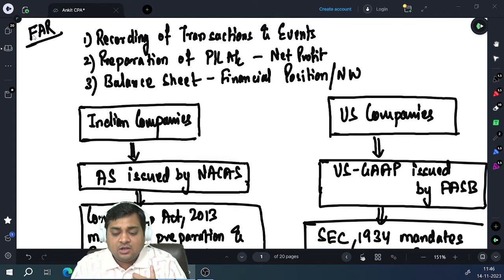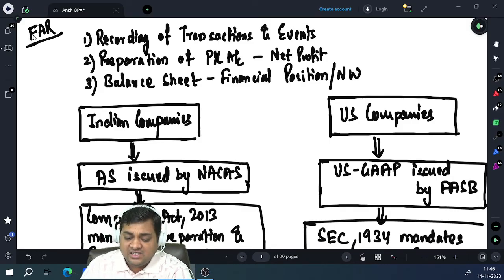Accounting standards contain all the rules, regulations, principles, the accounting treatment, the measurement, the recognition, the presentation, the disclosure requirements, right? These things are contained in accounting standards. It is the respective country's company law or any other law which will tell you to draft accounts as per this particular accounting standard, right?